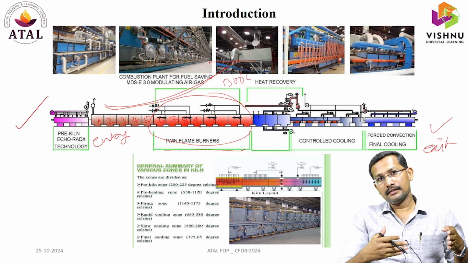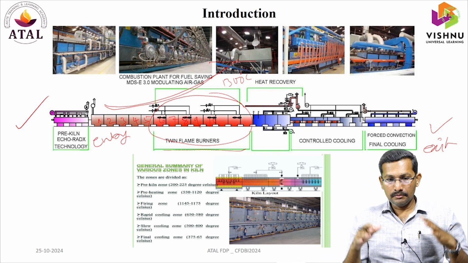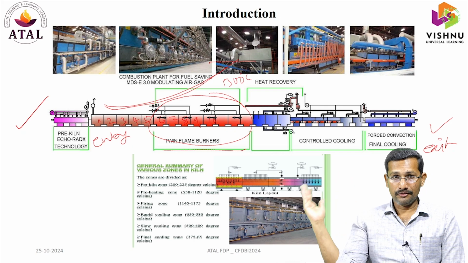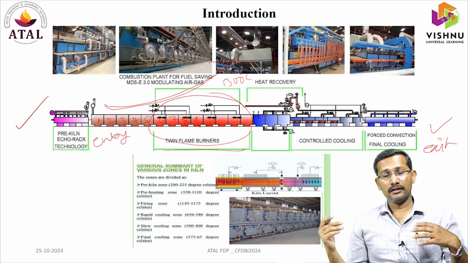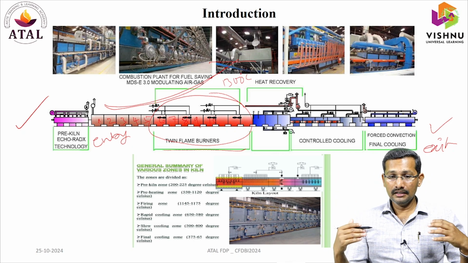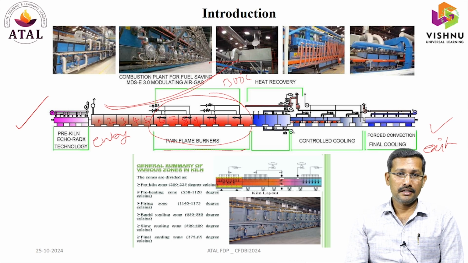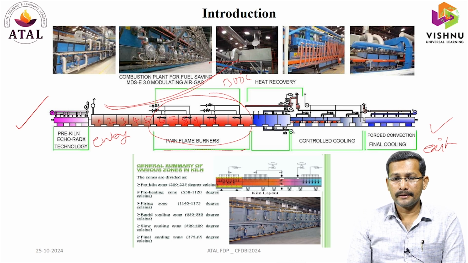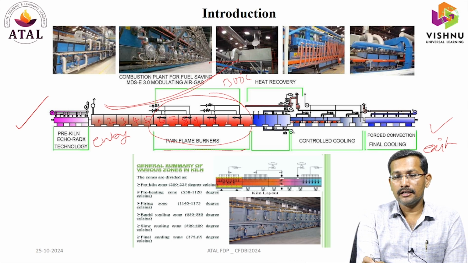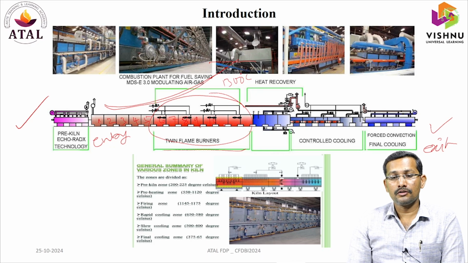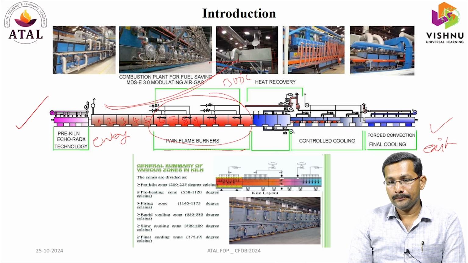If you cut a section, it is in a similar manner. On the left side some burners will be there, and on the right side some burners will be there. We supply the fuel and the air so that combustion takes place. Inside, as the combustion takes place, the tiles are subjected to those hot flue gases. That is how the tile is being heated.